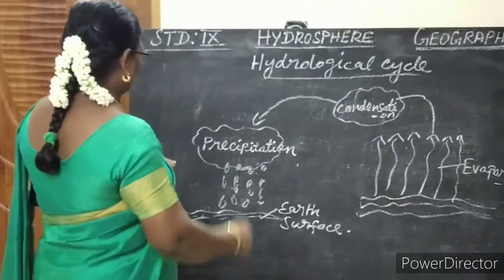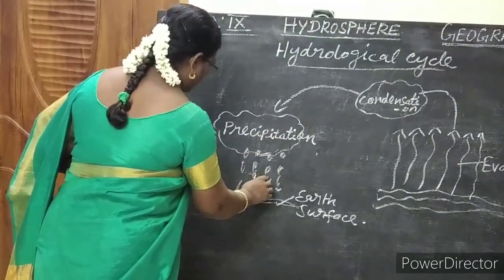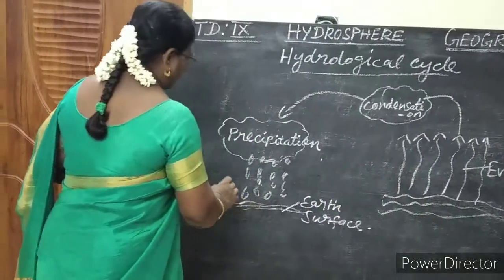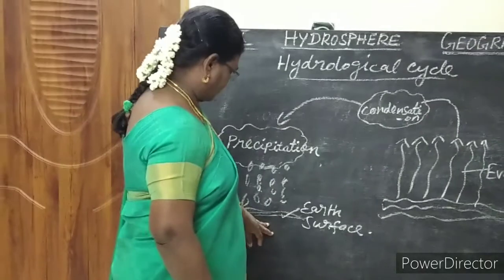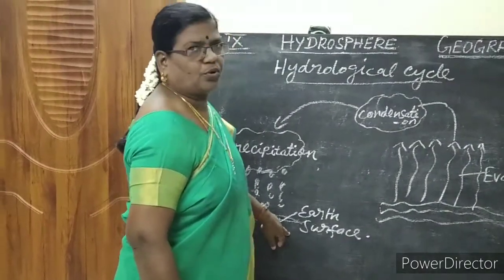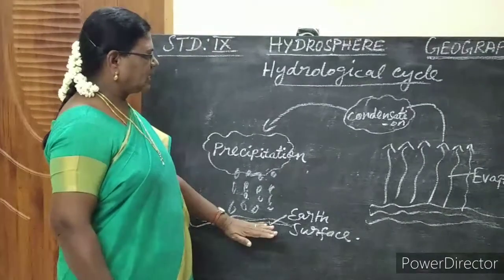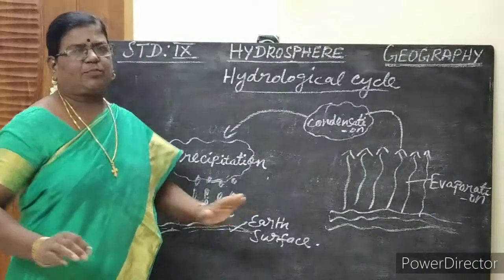Water that falls from the clouds and reaches the earth's surface in the form of rain, sleet, snow. Okay, these are the precipitation. Do you understand, children? Evaporation, condensation and precipitation.